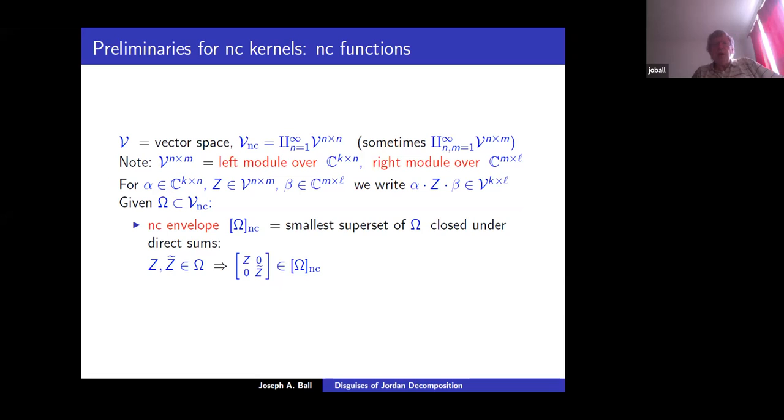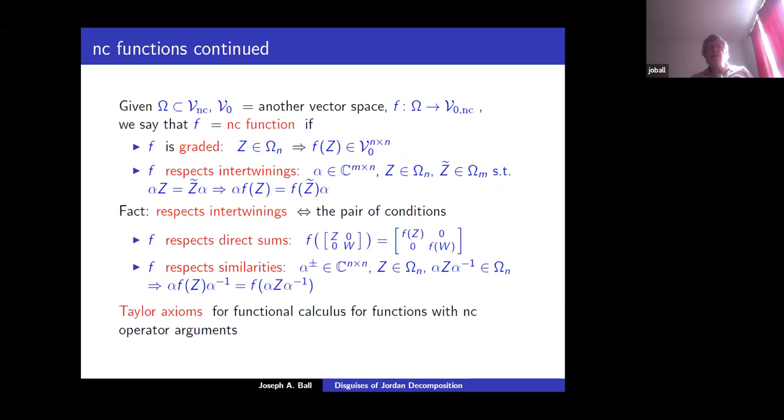The smallest superset omega closed under direct sums. And if we have another vector space V naught, and omega is a domain, but it's a subset of V non-commutative. And so that's our domain for a non-commutative function. And it takes omega into matrices over this other vector space V naught. Then we say F is a non-commutative function if it's graded.